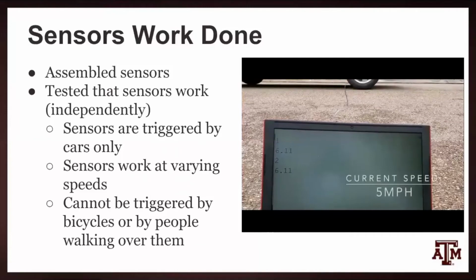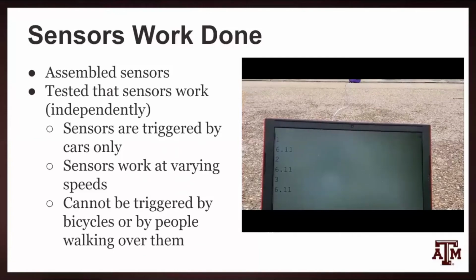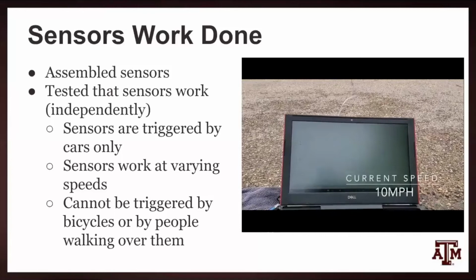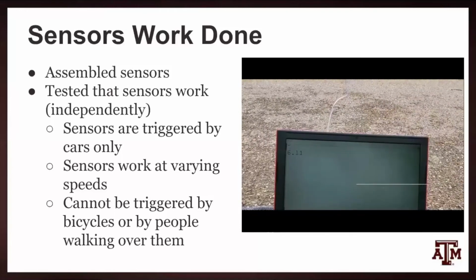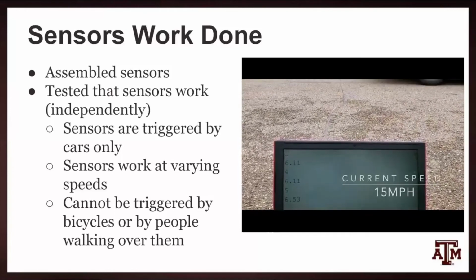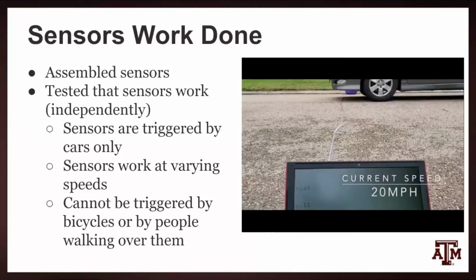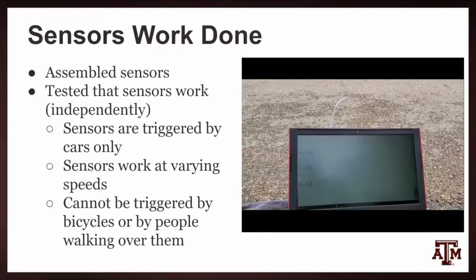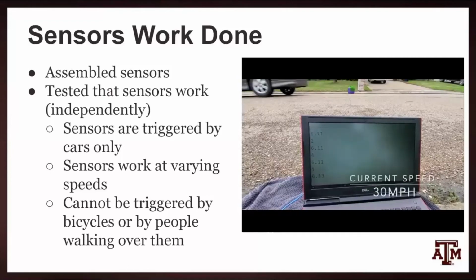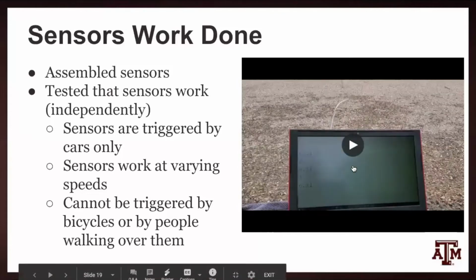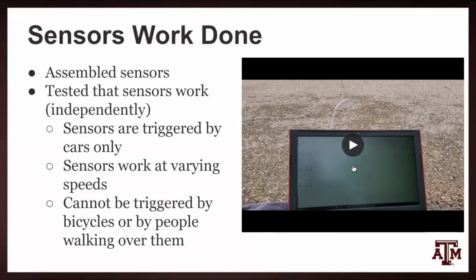And we decided to test it at varying speeds, and you can see that here. And the numbers that show are basically the PSI that's measured through the tube every time the car runs over the pressure sensor.